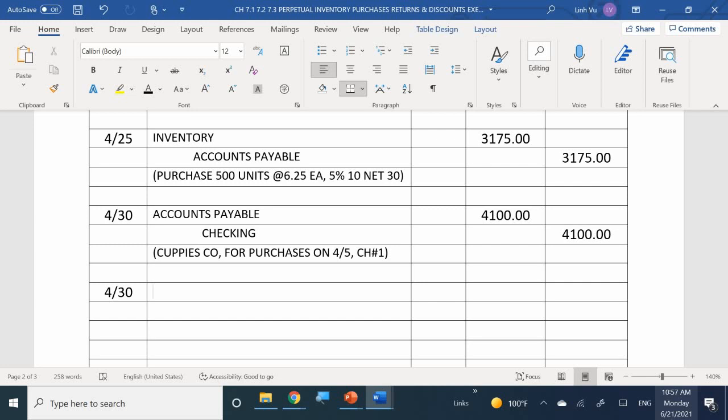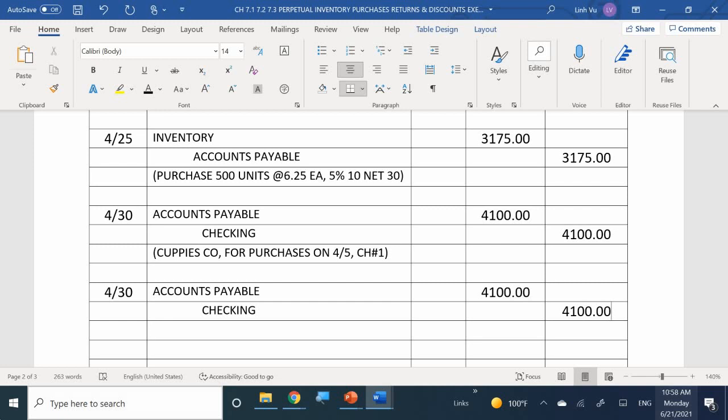It'll be accounts payable. Good. We're paying off what we owe. And we're making a payment, so that would be checking again, correct? Yes, because we're paying with a check. So in this case, we already calculated it to be 4,100.